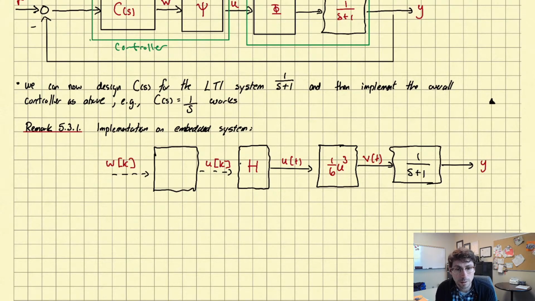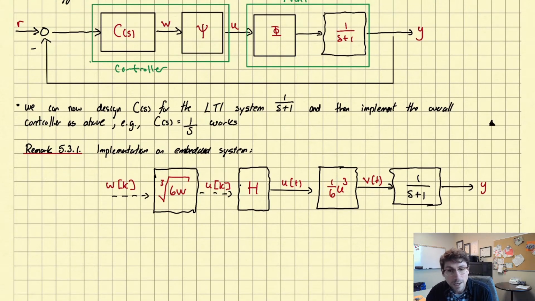Okay, so there's our block, and then this was our cancellation, the cube root of 6W. So this is the same picture as above, except I've added the hold and the fact that I'm implementing this on a computer. And so the question is, are we still going to get a cancellation?